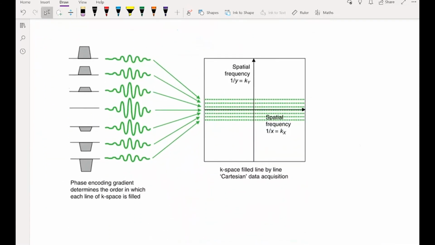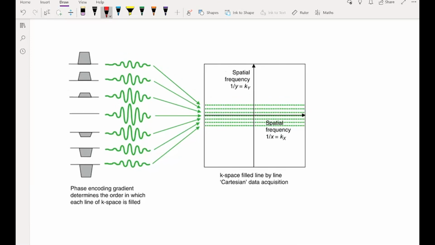Okay, so now I'm going to walk us through what K-space actually is, again, without getting things to be too confusing. The first thing that I want to talk about is how each line in K-space represents one echo that we collect under different phase encoding conditions.